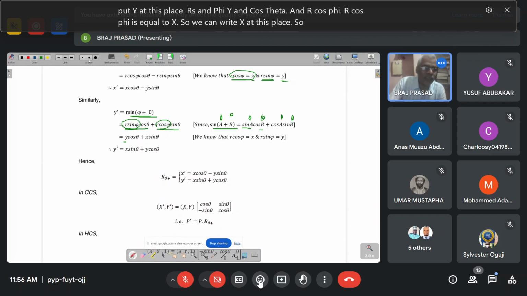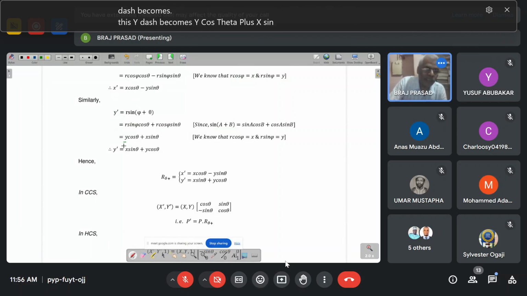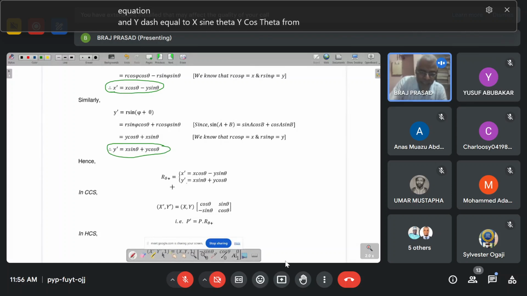So y dash becomes y cos theta plus x sin theta. Thus we get the values of x dash and y dash: x dash is equal to x cos theta minus y sin theta from this equation, and y dash equals x sin theta plus y cos theta from this equation.